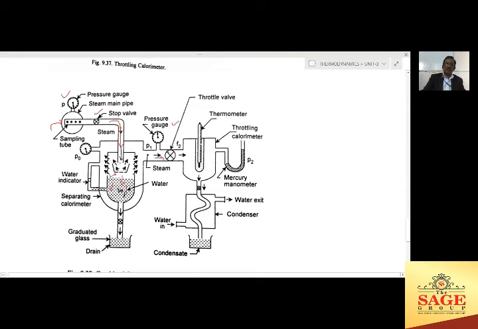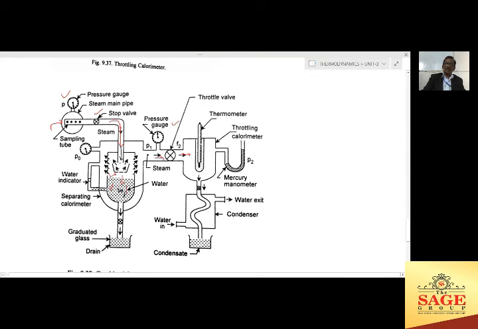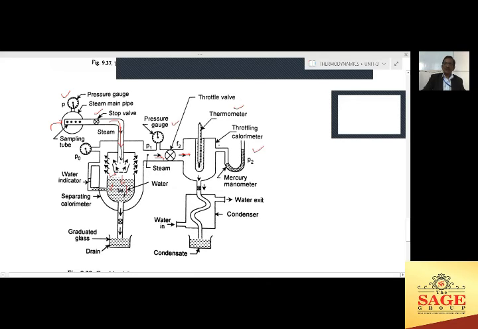Here the steam will be throttled, and the throttling process will occur. Then after throttling, the steam will reach here. In this chamber, with the help of the thermometer we can measure the temperature, and with the help of this manometer we can measure the pressure. So it is actually the combined operation of the separating as well as the throttling calorimeter.